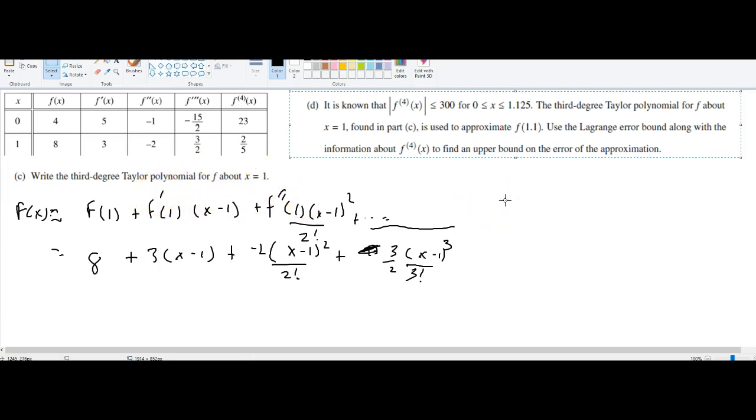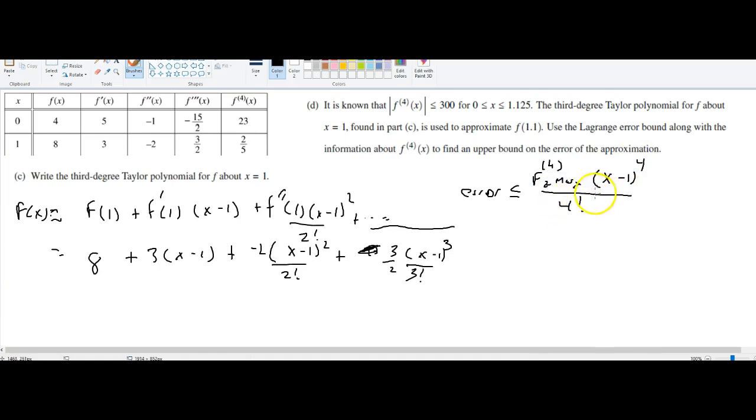So again, loosely described, some bad notation issues here, but the error has to be less than or equal to f of z max, in this case the fourth derivative, times x minus 1 to the fourth power all over 4 factorial.